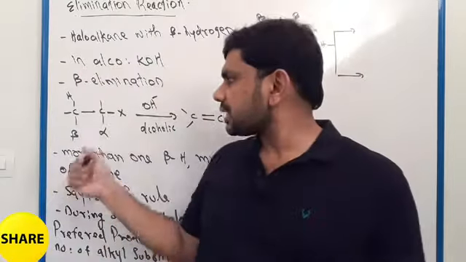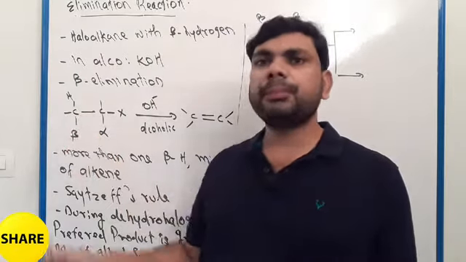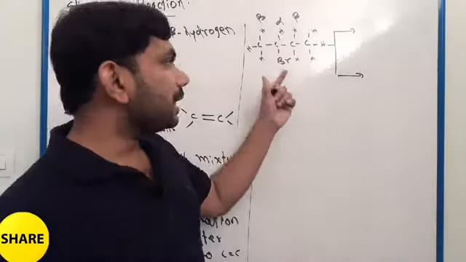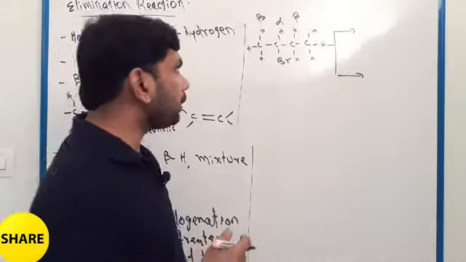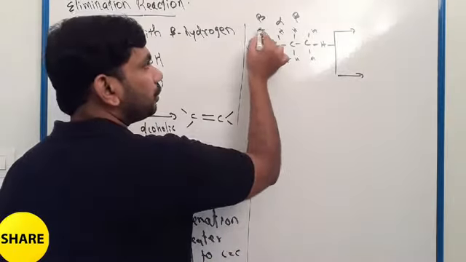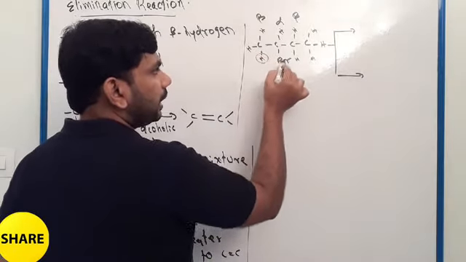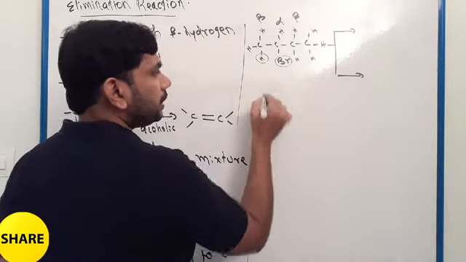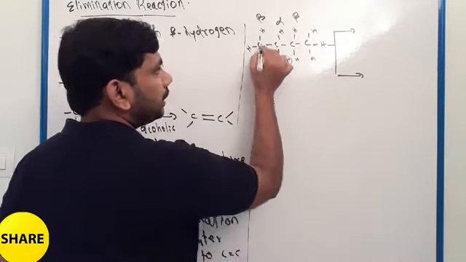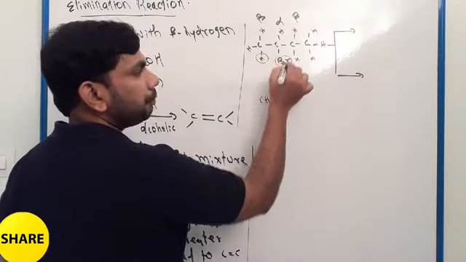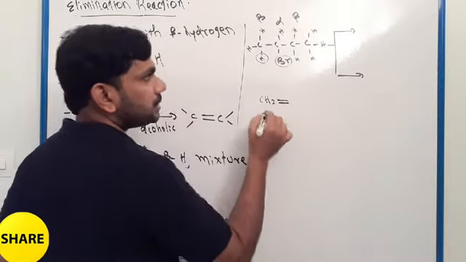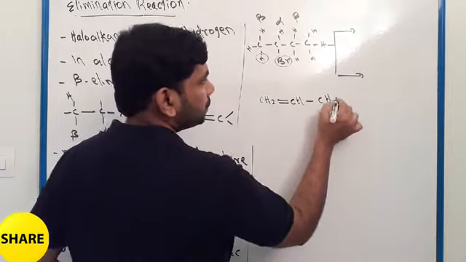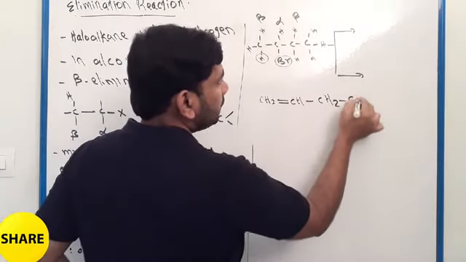In the earlier case there is only one beta carbon, so only one possible product. But in this case there are 2 possible products. For one product, one of these hydrogens and the halogen will be removed, so the double bond will be here: CH2=CH-CH2-CH3.